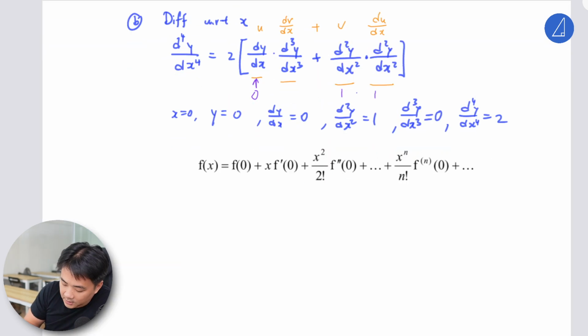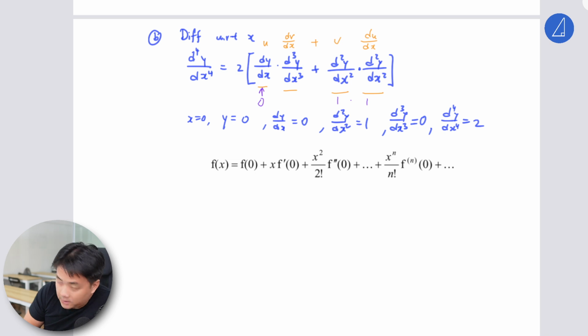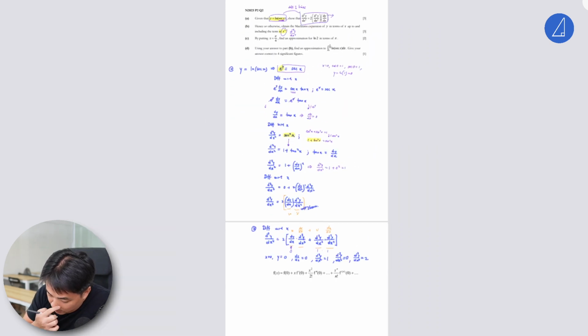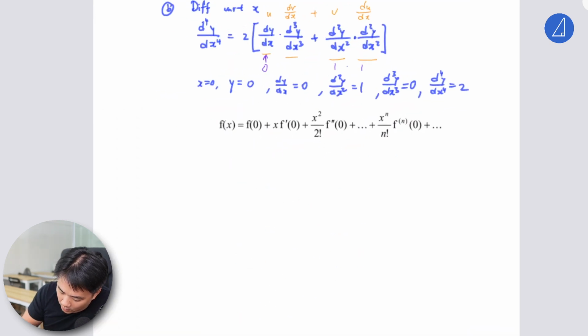So just using the Maclaurin series, what we get here is just use this formula here. So f(x) is ln secant x, right? We need y. So y is given by, this is my f(0) here, then dy/dx, d^2y/dx^2, and so on.